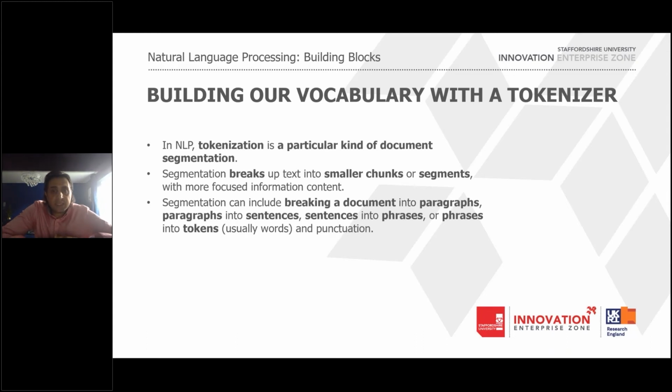So segmentation can include breaking a document into paragraphs, or paragraphs into sentences, and sentences into phrases, and phrases into tokens, which most likely are going to be words plus n-grams, which are multiple words combined together, and on top of the words, punctuation.